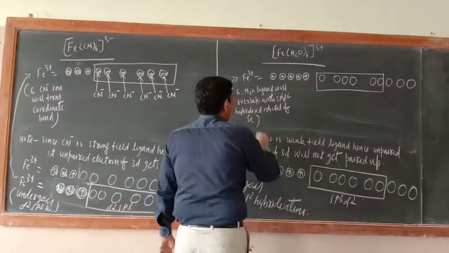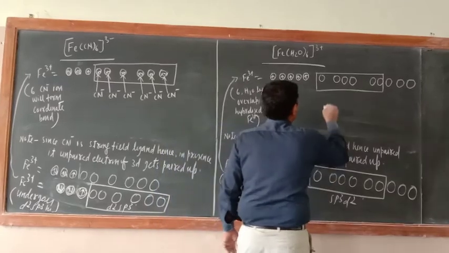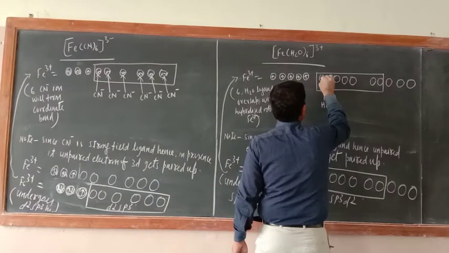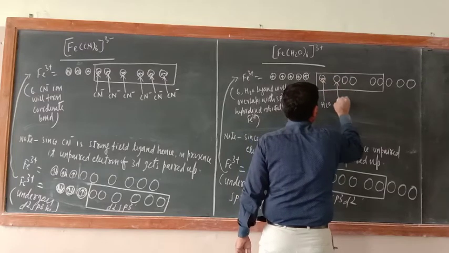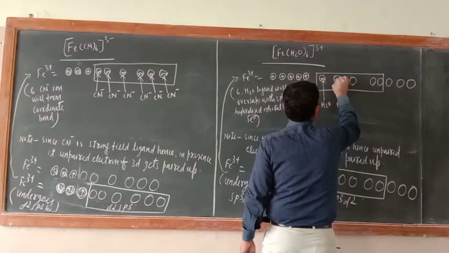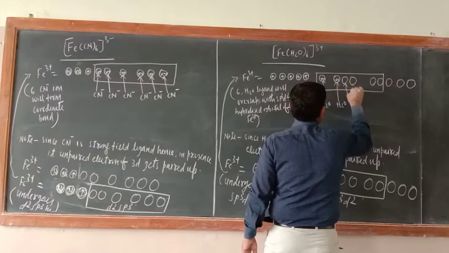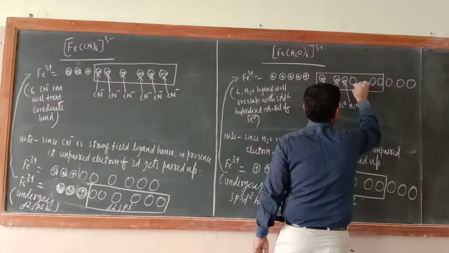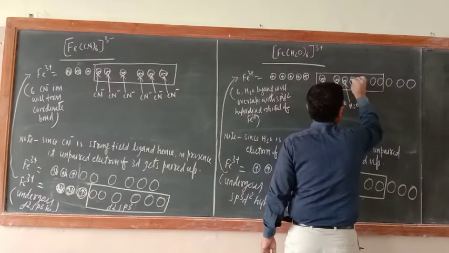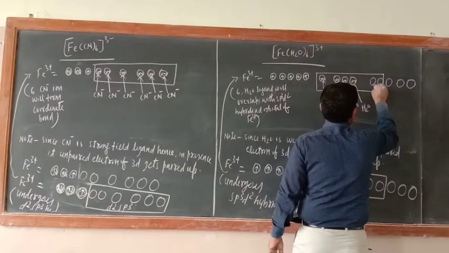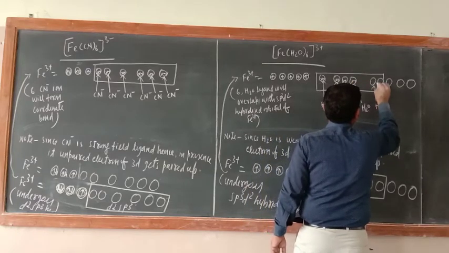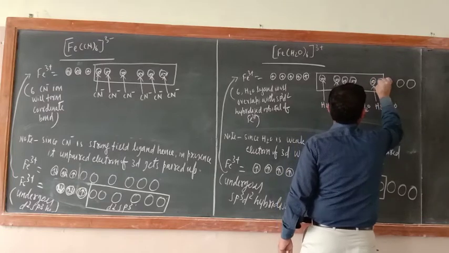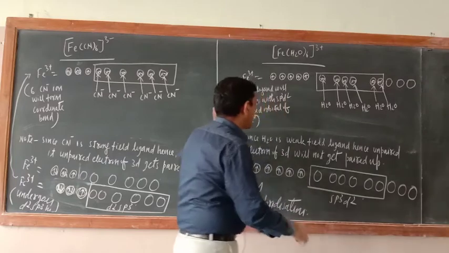Okay, Fe3 positive. So now here write H2O. Now here also write H2O. Okay, here also write H2O. Here also write H2O. Okay, here also H2O. Okay, now just see, everything is ready now.